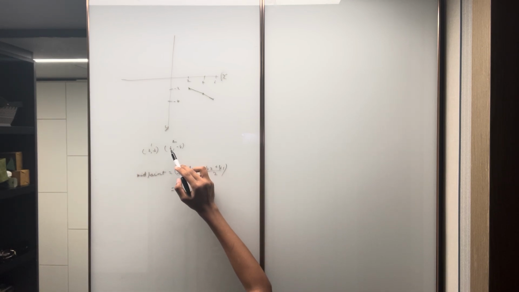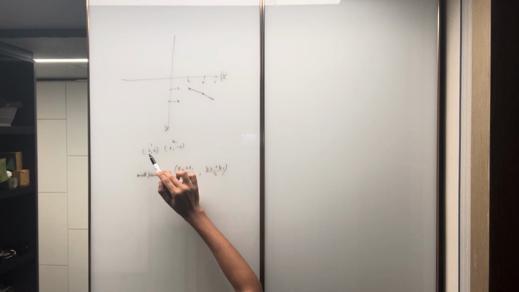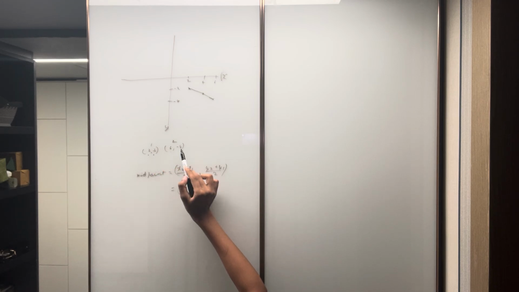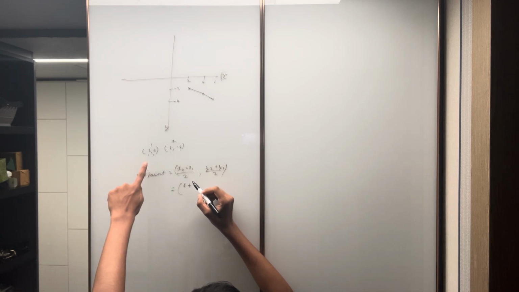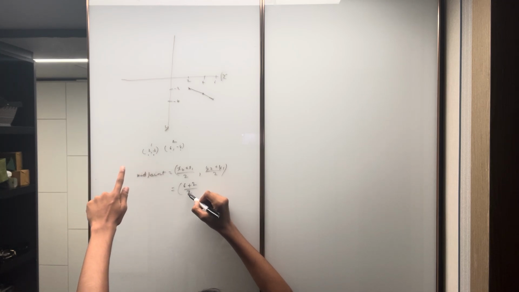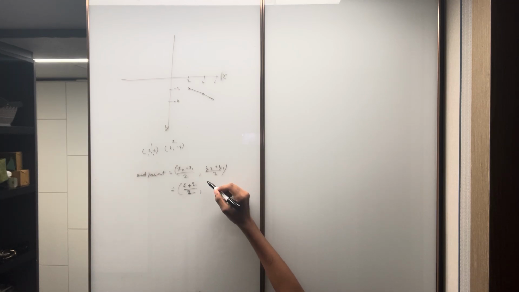So, this is x2, this is x1, this is y2, y1. x2 is (6 plus 2) divided by 2, comma, y2, which is -4 plus -2, divided by 2.